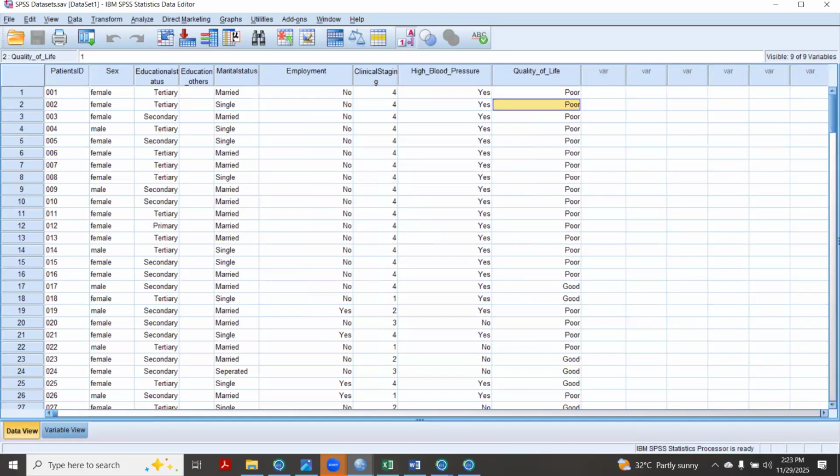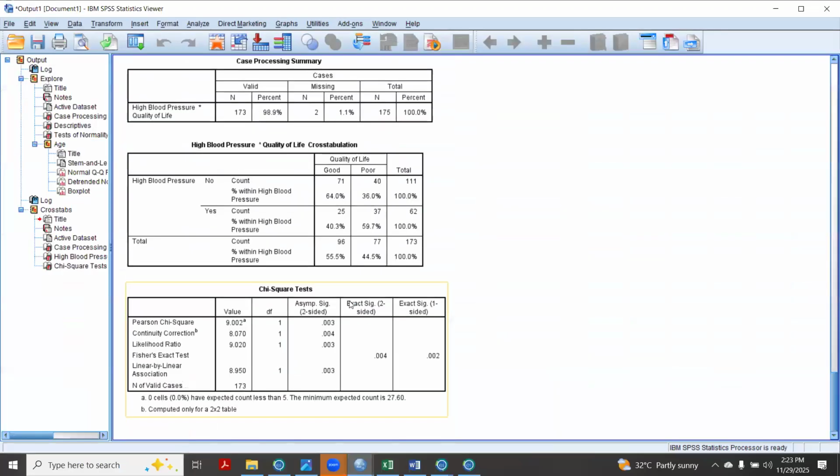So when you do that, you will see it has run the analysis for us. So we can see here, high blood pressure, yes, 59.7 against 36.0.